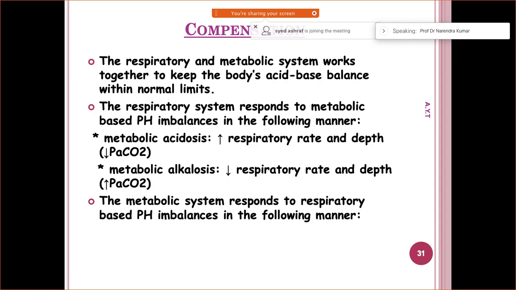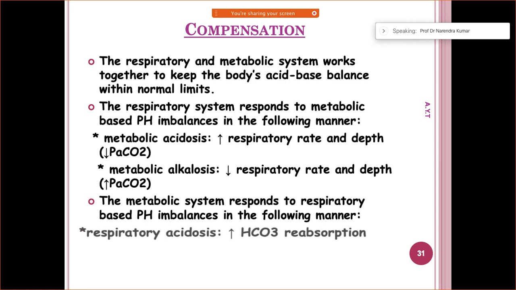And then the metabolic system responds to respiratory pH imbalances in the following manner. As I had said earlier, this becomes a little bit opposite. For example, in respiratory acidosis, if you look carefully, this is acidosis, right?